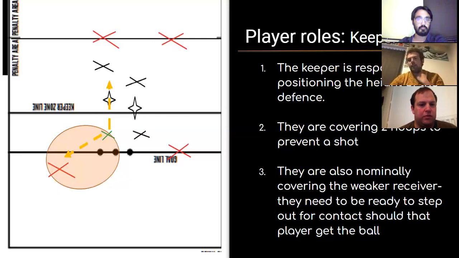So if both receivers are strong, you have to basically look at what's your reaction time versus the ball. If I think both of the receivers are quick and they've got the mark on me more than my person I'm defending with, I want to be near the receiver that's going to take the longest time to get to. So, for example, say I'm keeping and James is my hoop defender.